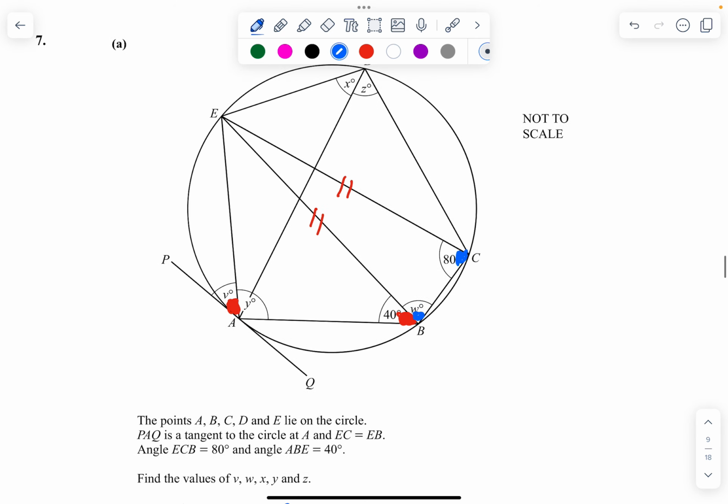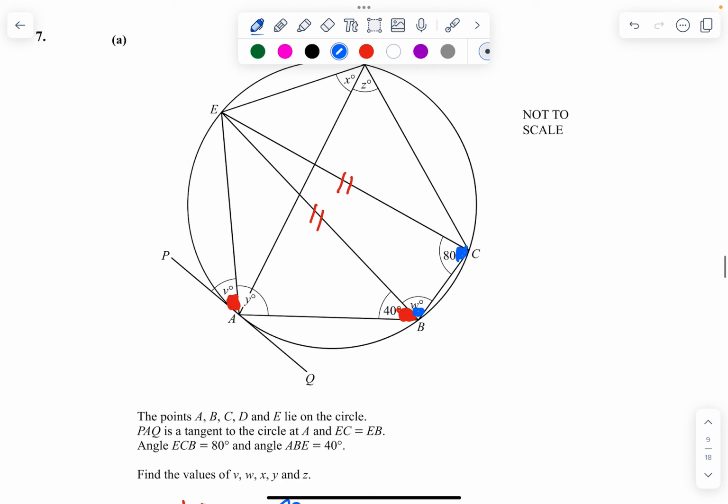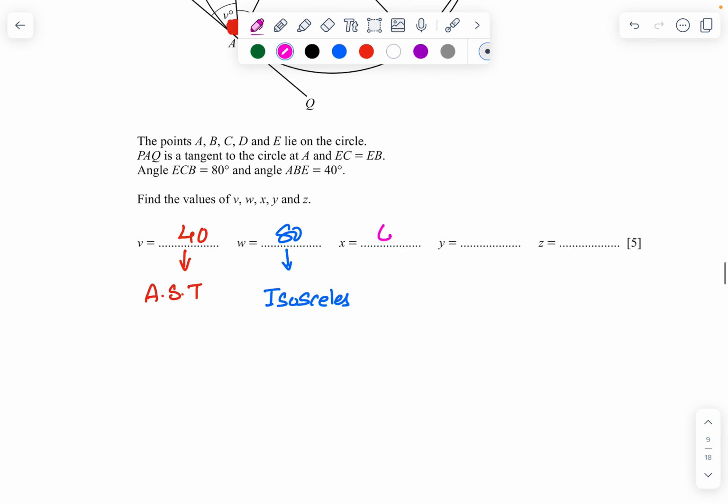X, what should I find out? The value of X. This angle and this angle will be the same because angles in the same segment. X equals 40. The reason is angles in same segment.